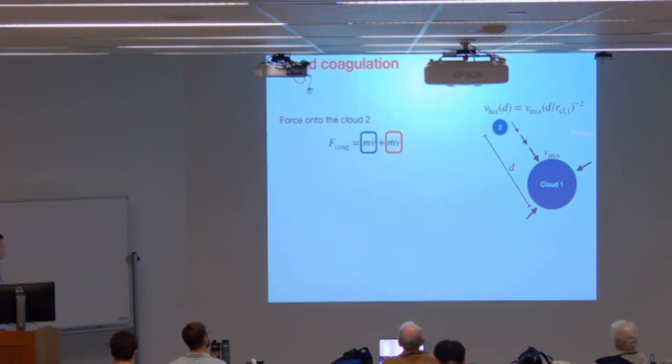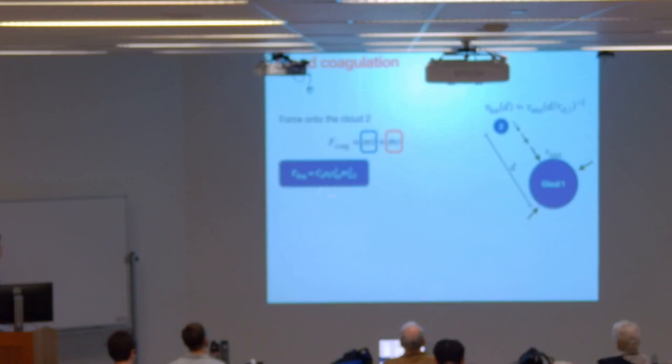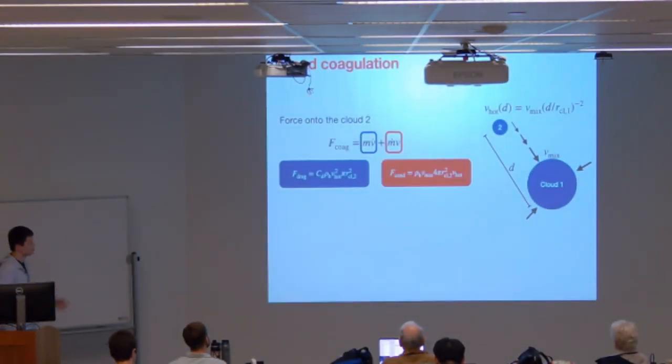We can estimate the force onto clump 2 as composed of two terms, m v dot and m dot v. The first term is the driving force, and the second term is the condensation force because of the momentum exchange. It can easily be shown that the second force is larger than the first one because v_hot is smaller than v_mix by definition.